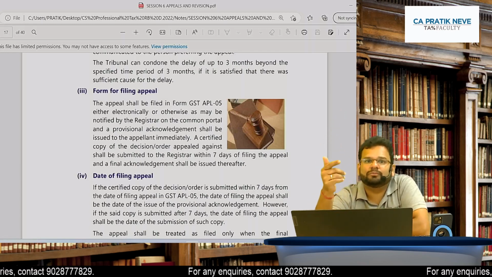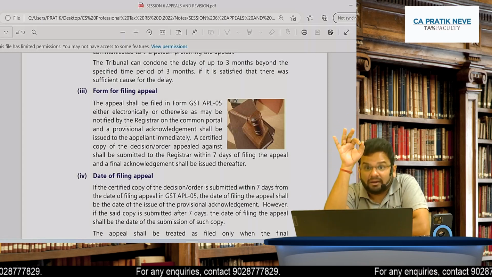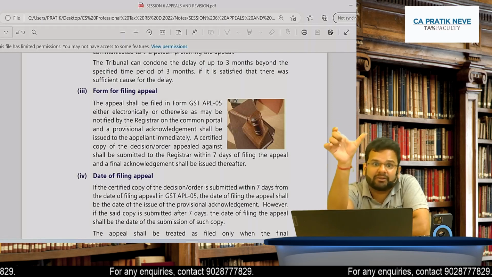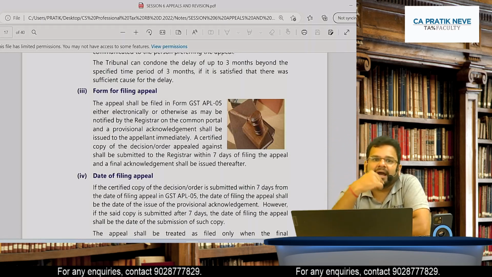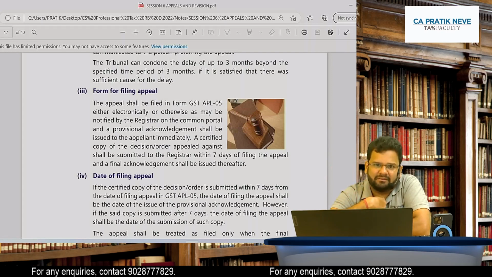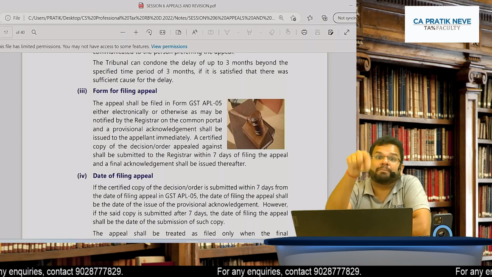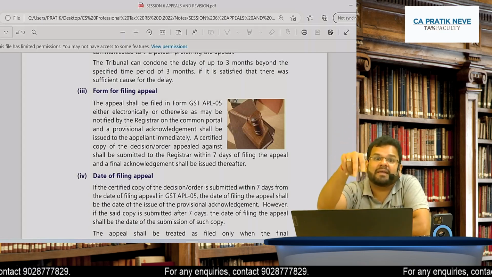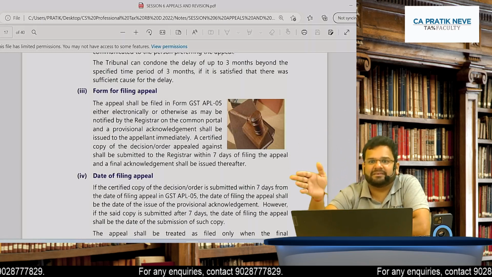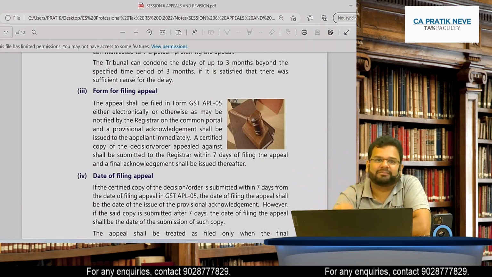I can go to the appellate authority. In short, with the appellate authority, only the registered person, that is the assessee, can be the applicant. But the applicant for the appellate tribunal can be either the assessee or the department, both types.